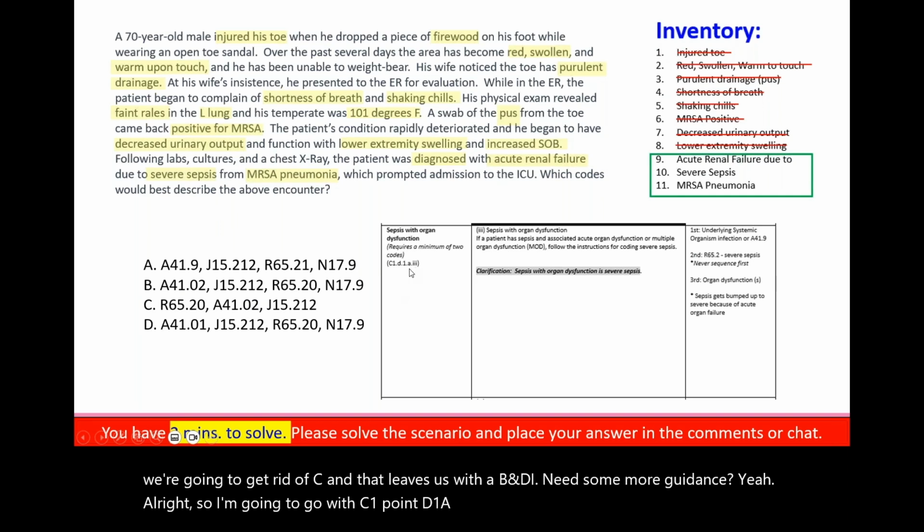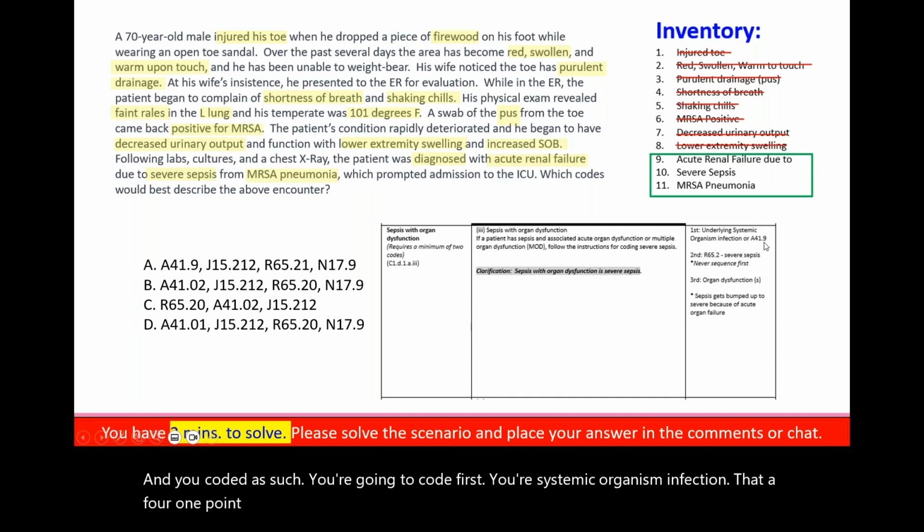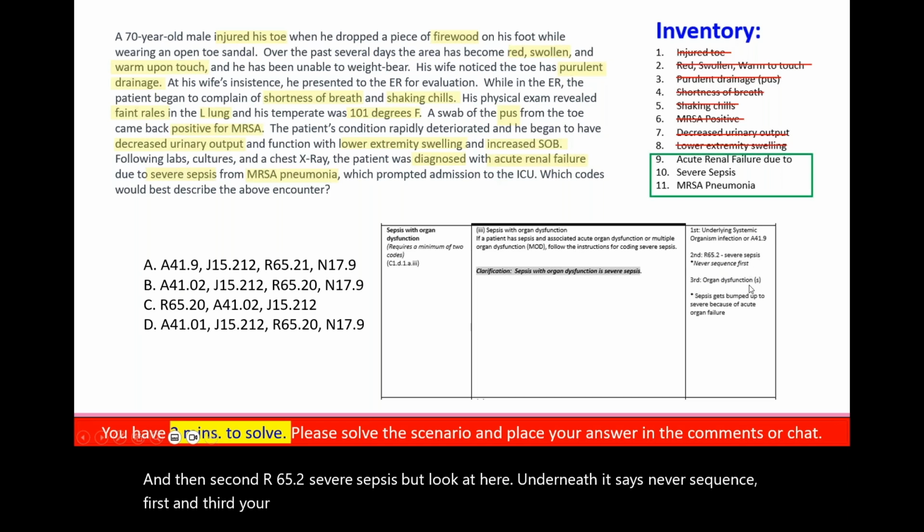C1D1A III or 111, right? This is sepsis with organ dysfunction. And you code it as such. You're going to code first your systemic organism infection, that A41 point, if you know it. If you don't, it's A41.9. And then second, R65.2 severe sepsis. But look at here underneath, it says never sequence first. And third, your organ dysfunction. So is anything sequencing in that way?